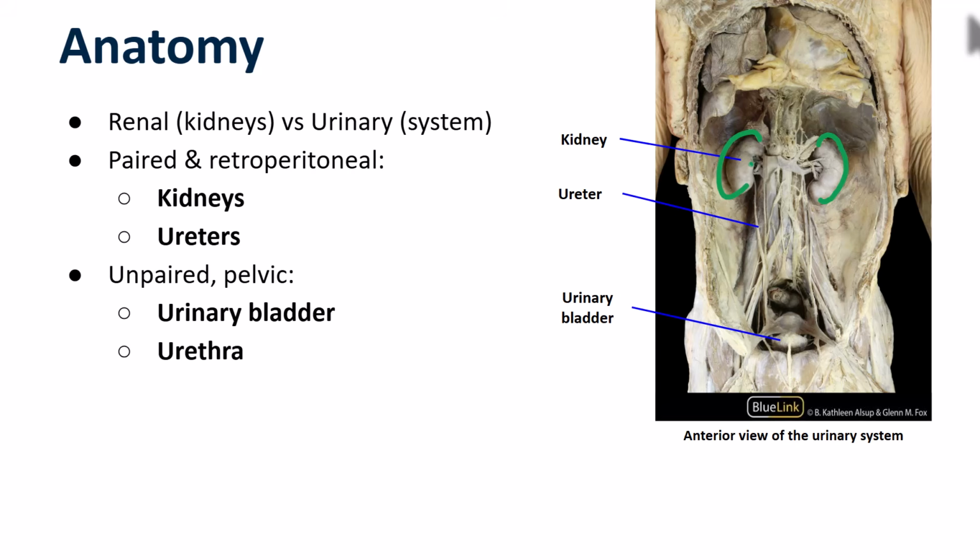And urine is conducted from the hilum of the kidneys through tubes called ureters down into a midline peritoneal urinary bladder. And the urinary bladder is then drained to the external world via the urethra. The urethra is not pictured in this particular photo.